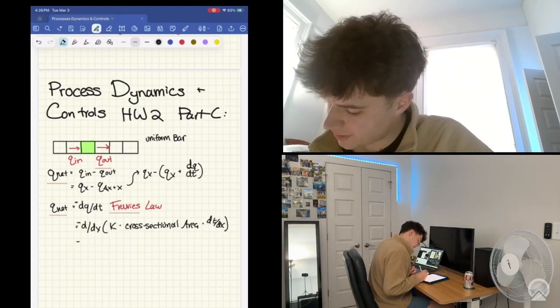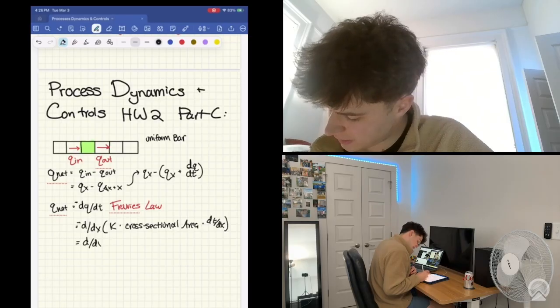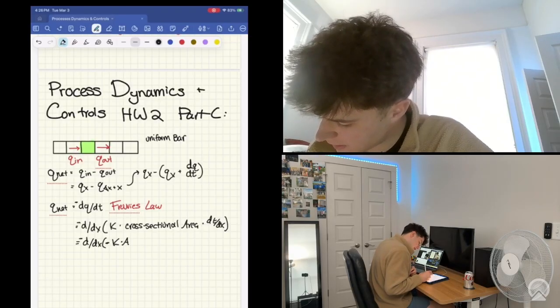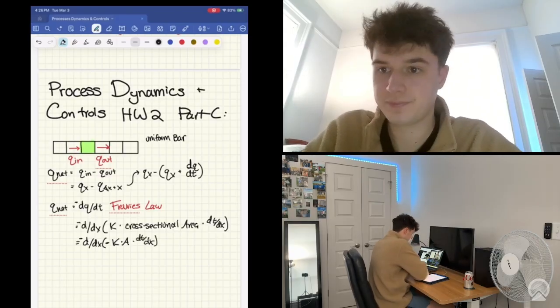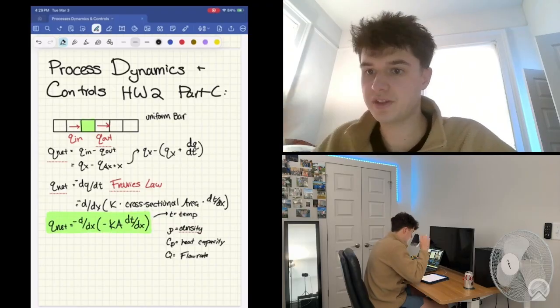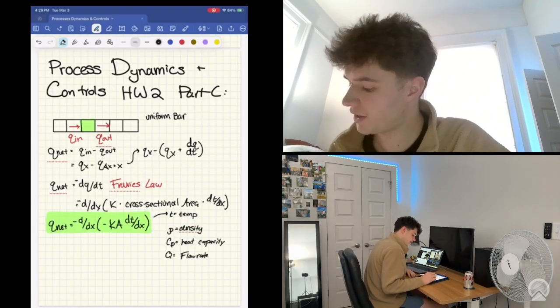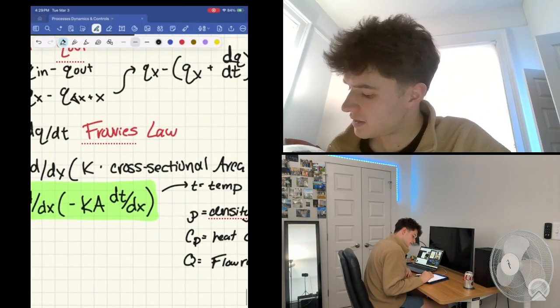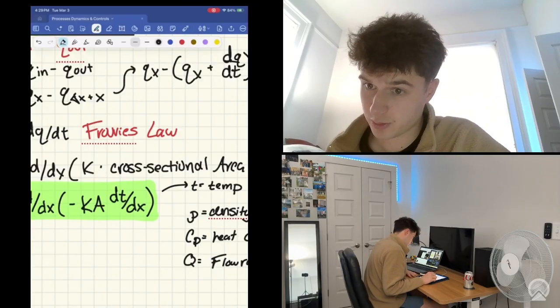So now our equation has arrived at d/dx times, these are both negative, k A dT/dx. So I rewrote this for you to be able to see a little bit better and highlighted in green. This T is referencing temperature also, just so we're not worrying about time.